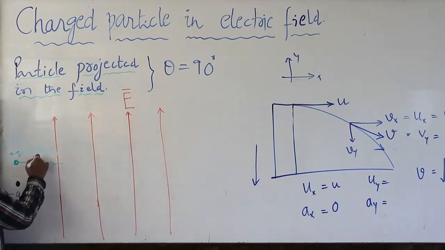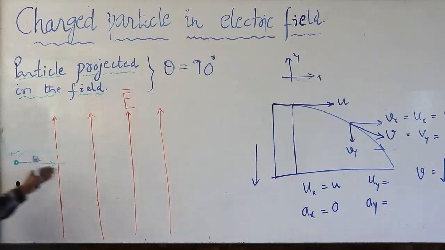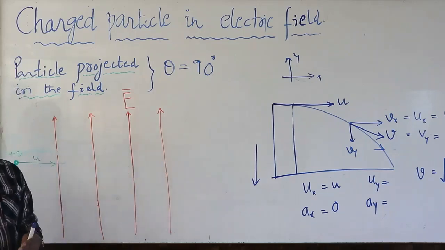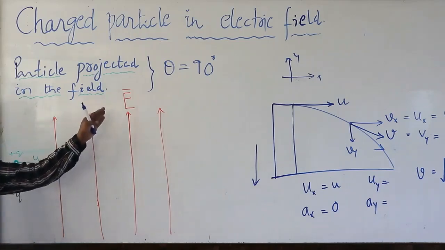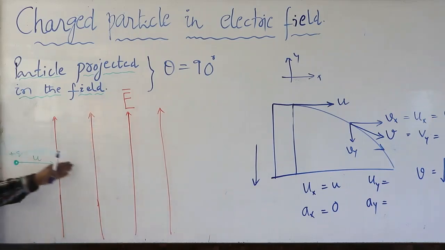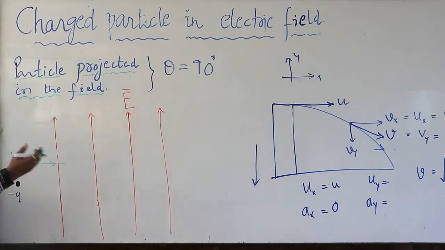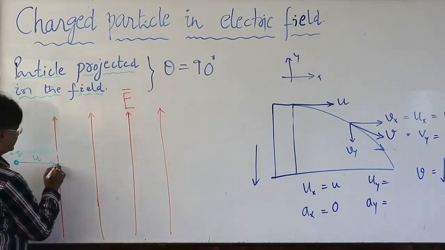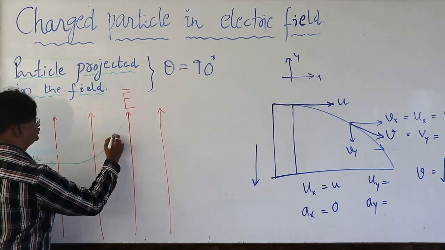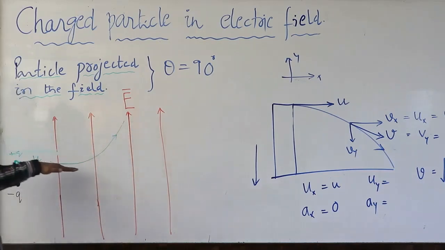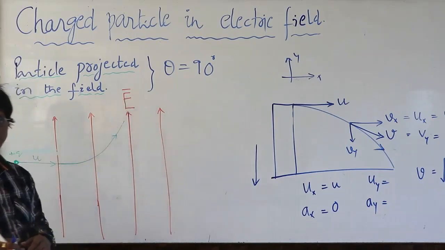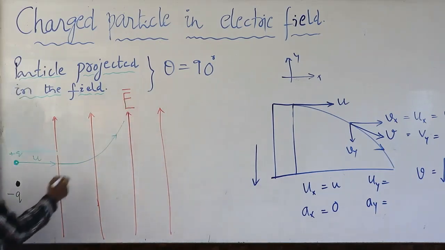Suppose I say u, it continues the same everywhere. Whereas vertical velocity, initially 0, starts increasing. For a positive charge, it is along the field. Therefore, the path will be a parabola, like this I am showing. Now you see the trajectory is along the field we are getting.